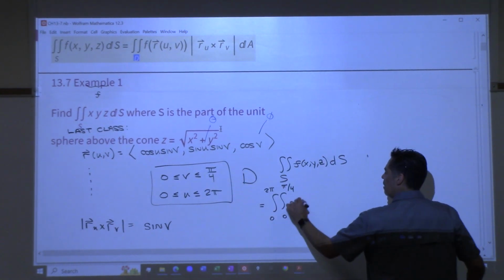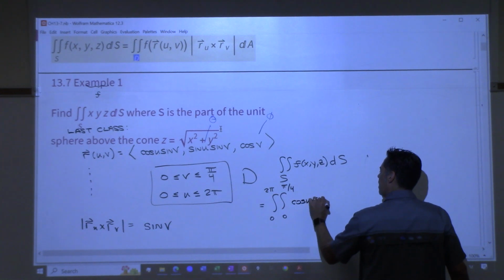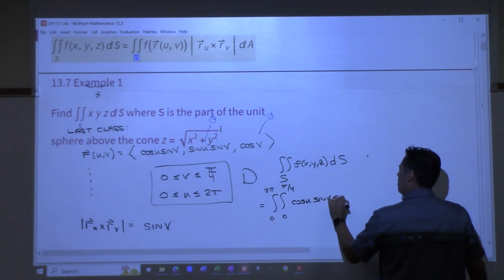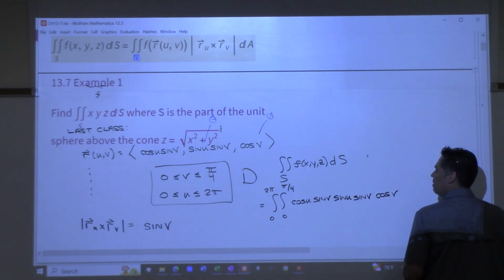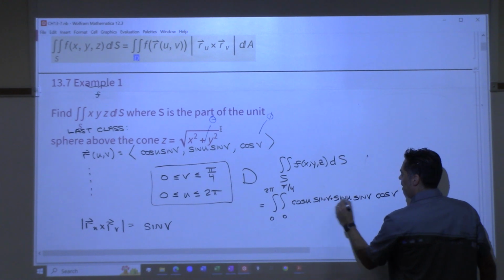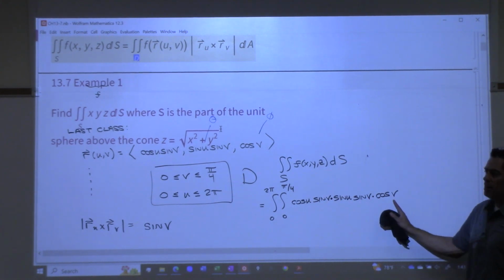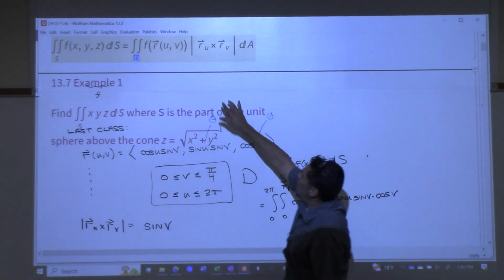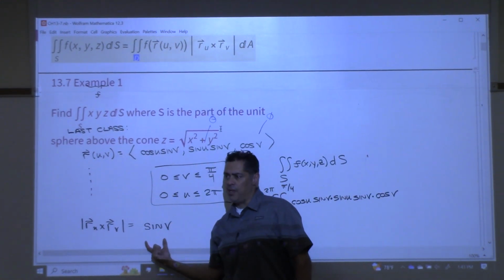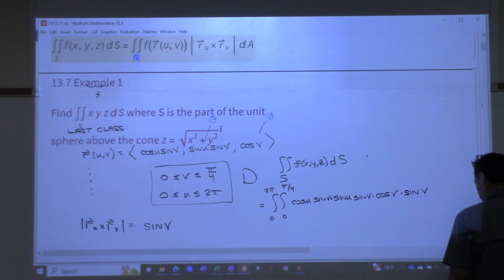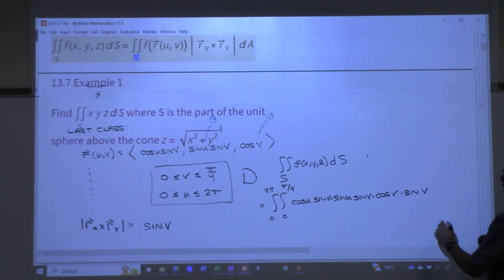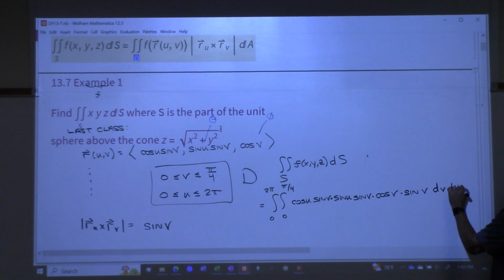Yes, it's going to be ugly: cosine u sine v, sine u sine v, times cosine v. Everyone understand that's x, y, z? And then I need the magnitude of the cross product of the partials, which we said is sine v. And then dv du. And now I get to do that integral.